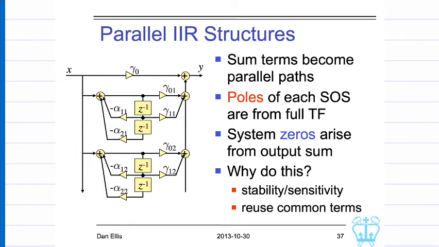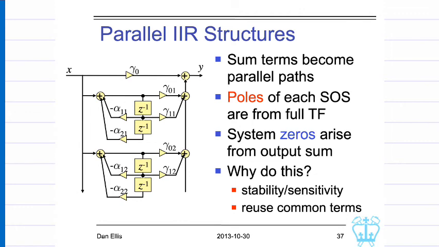The topmost part is my H1, the middle section is my H2, and the bottommost section is my H3, let us say, right? So the sum terms become parallel paths. And so, what are the poles here? The poles are the same as the original H(z) poles, right? The H1 poles and H2 poles are the same as what we had in H(z). But the system zeros arise from the output sum.